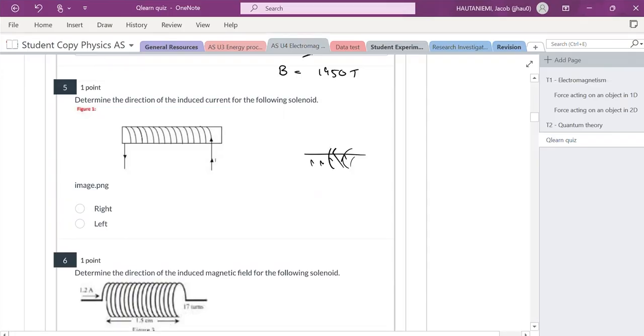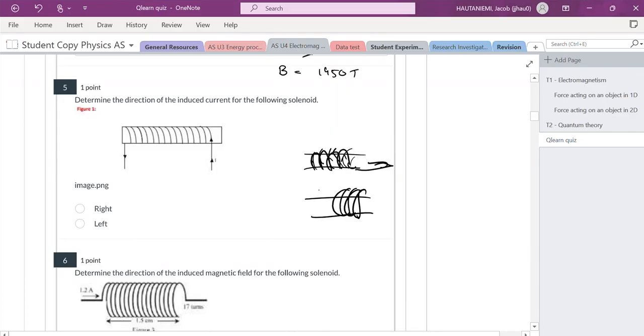Let's try that again. Our fingers are going around this way, and if we're holding it like this, then your thumb is in that direction. However, if it's the other way around, with your fingers curling around, did I do this the wrong way? Fingers are curling around.